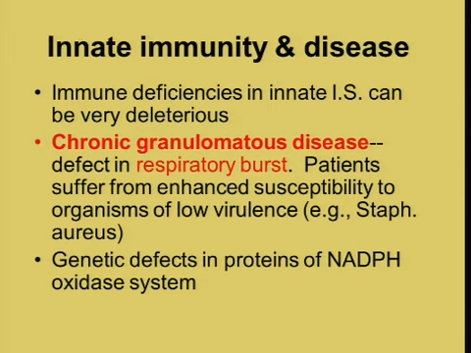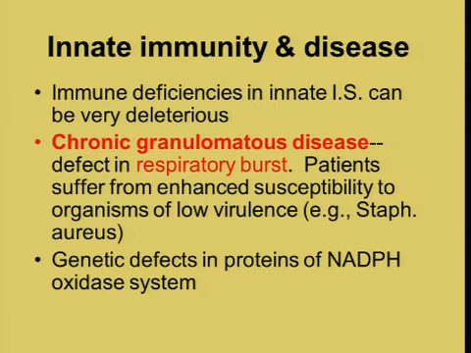For example, in chronic granulomatous disease, you have a defect in the respiratory burst. Respiratory burst is a biochemical event that phagocytic cells, particularly neutrophils, develop to make all those bad chemicals that in turn kill and destroy the microorganism after it's been ingested. In this disease, because you have a metabolic defect, it's a defect in the NADPH oxidase.